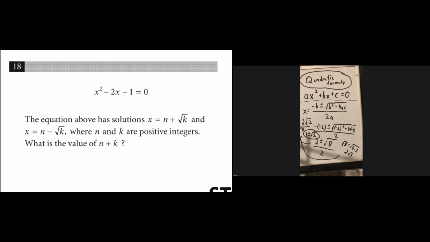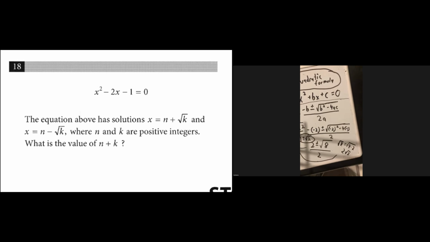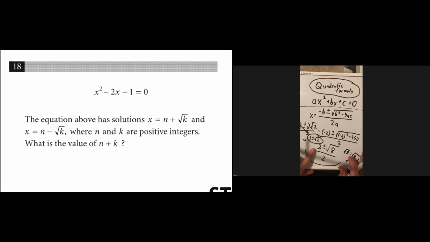We're still not done yet, though. Because now, I have to do what they ask, which is n is equal to 1 and k is equal to 2. What is the value of n plus k?